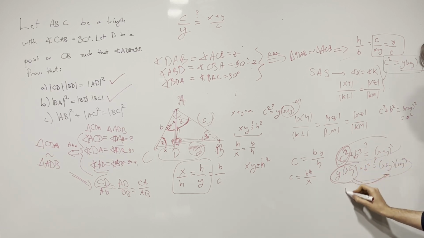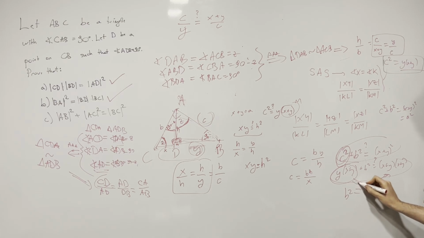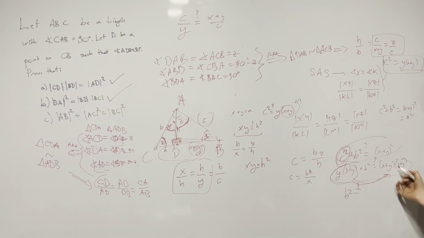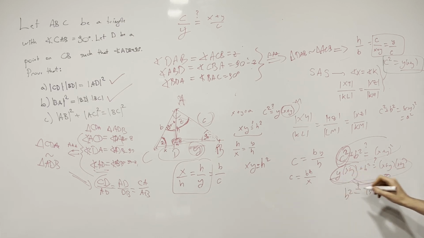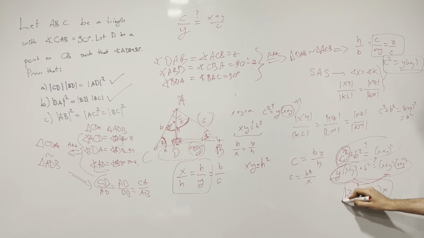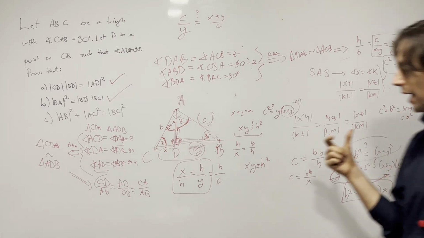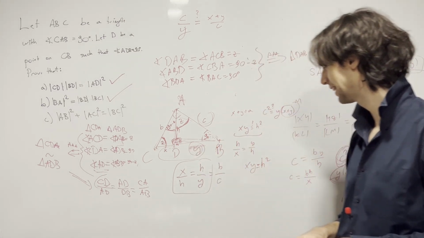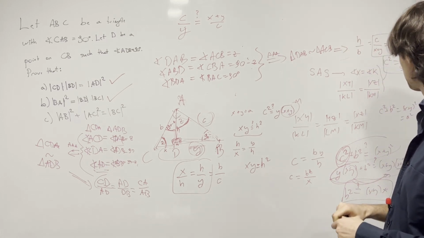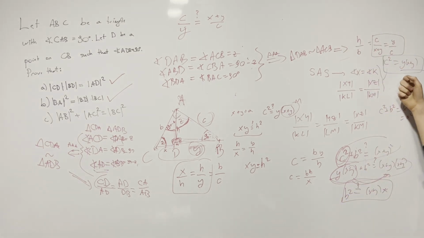Now if I move this here, this thing is true if and only if B squared is, I'll get the X plus Y out, and I'll have X plus Y minus Y, which is X. So if I prove this, then I'll have the Pythagorean theorem. Now, do I have that B squared is equal to X times X plus Y? And the answer is yes.